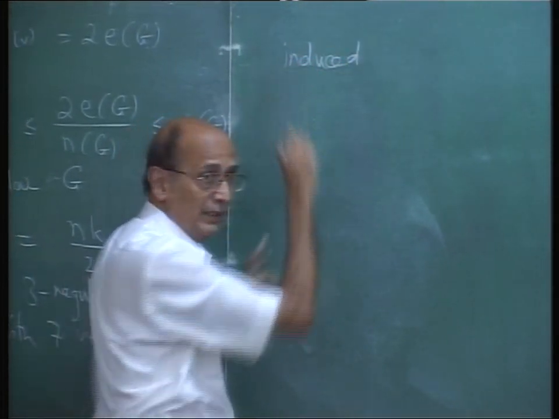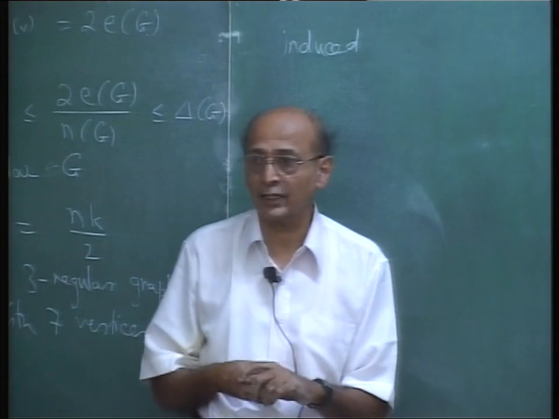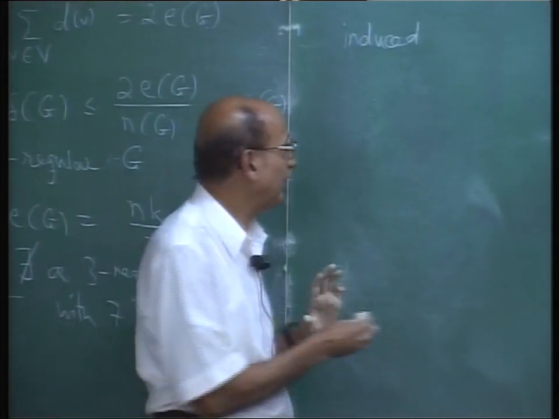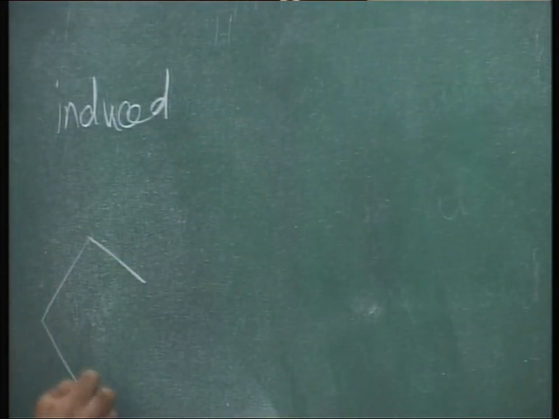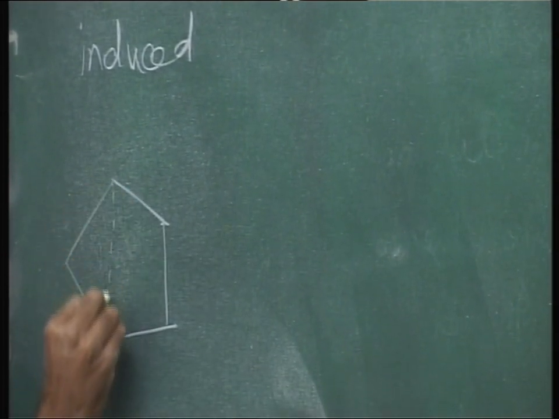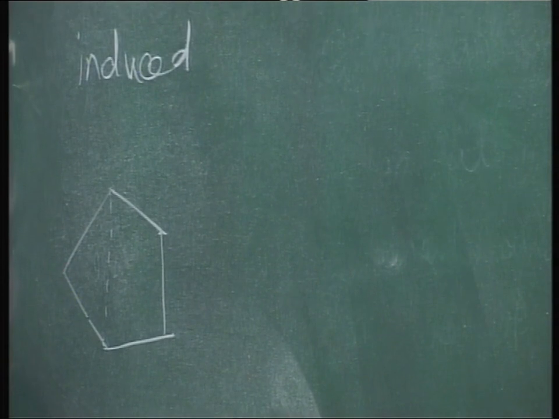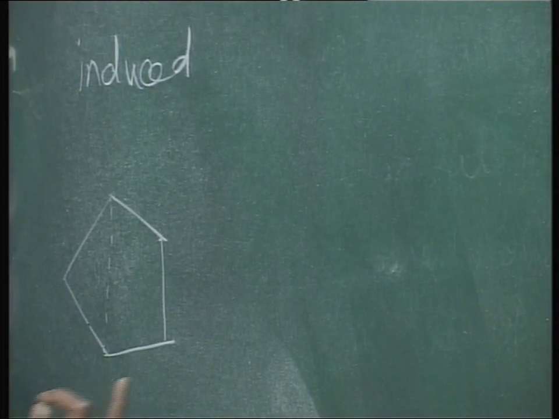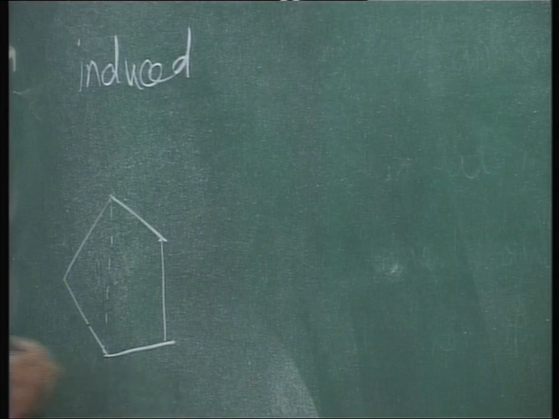A cycle will be called an induced cycle if there is no chord. If there is an edge like this, which I have not drawn, then this is not an induced 5 cycle. It is a 5 cycle in the graph, that is fine, but it's not an induced 5 cycle. Equivalently, what they call a chord of that cycle.